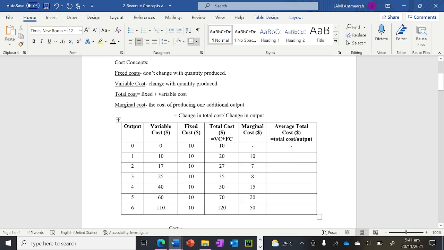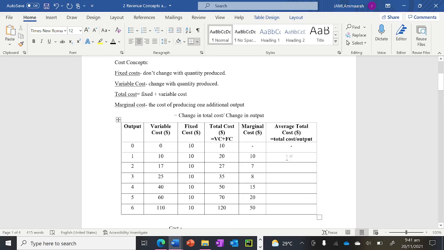You don't have anything for the top row because it's 0 units of output. The only thing you have for 0 units of output is fixed cost and total cost, because fixed cost does not change with the quantity produced, and total cost is your variable cost plus your fixed cost. So you still have a total cost even with 0 units of output.